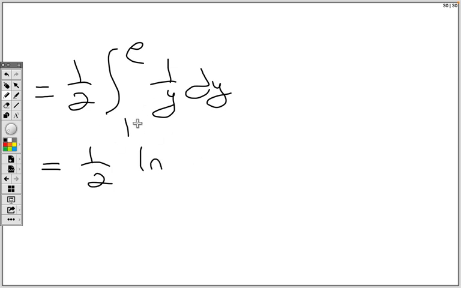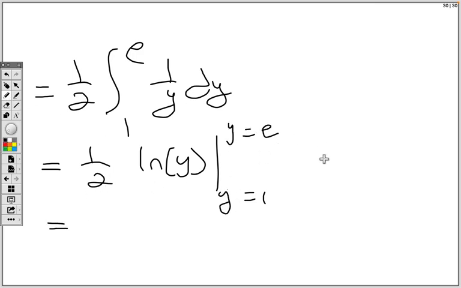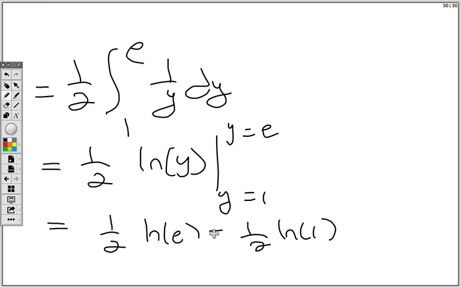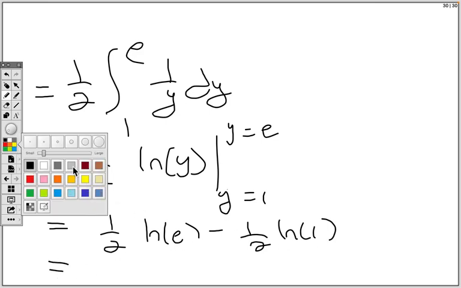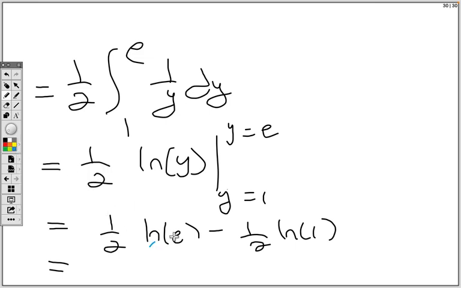In this particular case, everything in sight is positive, so we don't need the absolute values there. You get the natural log of e, natural log of 1. Natural log of e is 1.